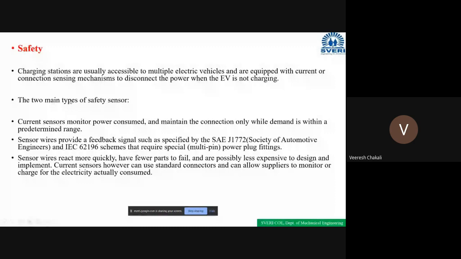Okay, safety. Charging stations are usually accessible to multiple electric vehicles and are equipped with current or connection sensing mechanisms to disconnect the power when the electric vehicle is not charging. There are two main types of safety sensors. Current sensors monitor power consumed and maintain the connection only while the demand is within a predetermined range.